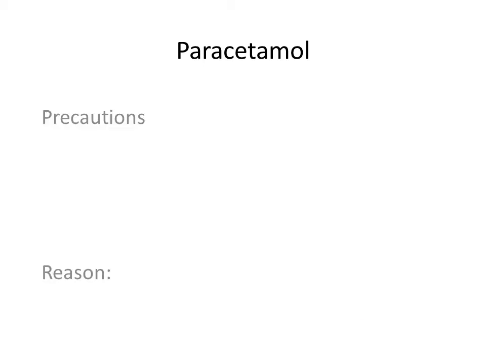Heading through to precautions of paracetamol. Impaired liver or renal function is your only one. Now, as we talked about before, paracetamol, very similar to all the other ones, is metabolized by your liver and then excreted by your kidneys.